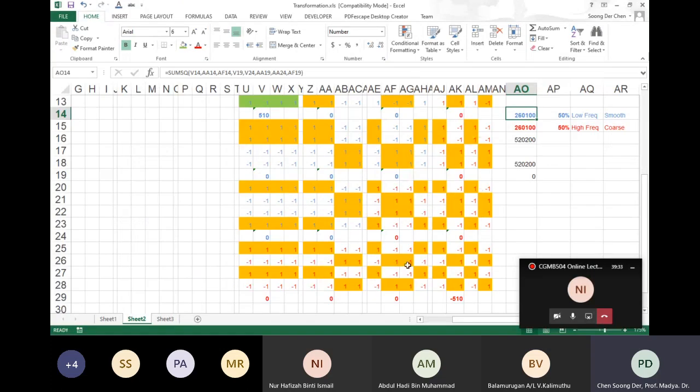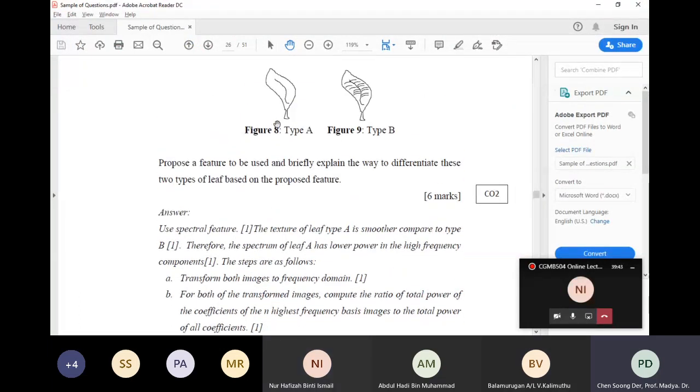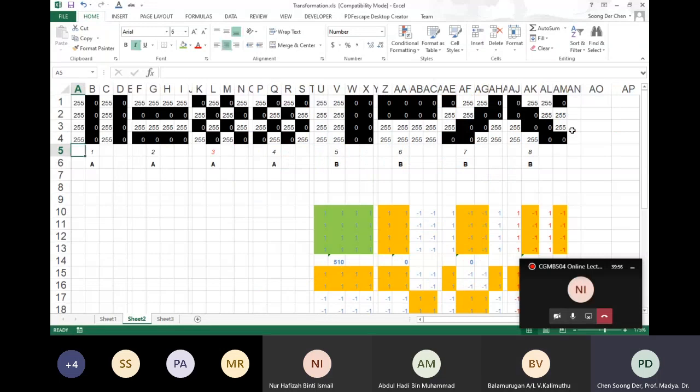This is the highest frequency, so we group all of this as high frequency. From that ratio, we compare the two ratios. The one with the lower ratio is A. Lower ratio means the percentage of high frequency is low. In this case, 50% high frequency for type A.